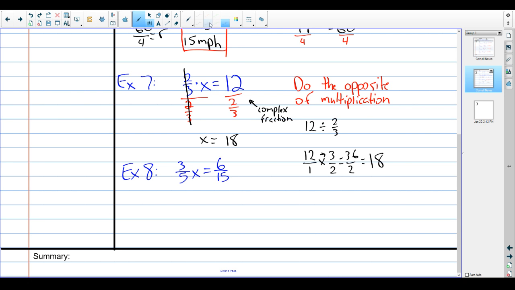Okay. So we're still multiplying by something. So we do the opposite of multiplication. So we're going to divide both sides by 3/5. Okay. Everything on the left-hand side is going to cancel out.